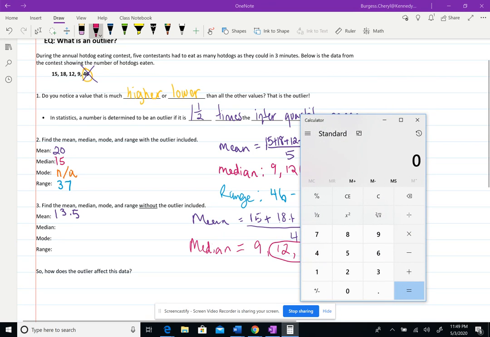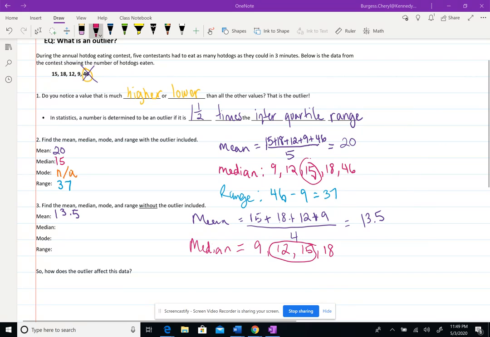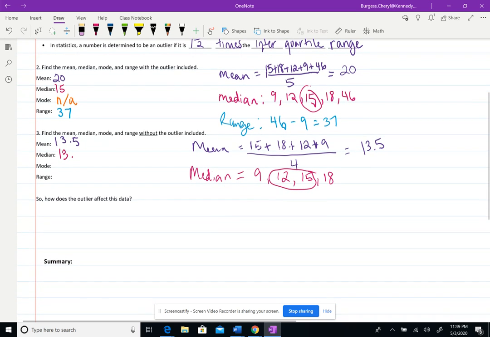That's the average of 12 and 15: 12 plus 15 divided by 2 is 13.5. Our median is 13.5. Here, let me erase that. Guys, I don't know what's going on with my writing right now. I'm really sorry. I think I'm pressing a button by accident. Okay.